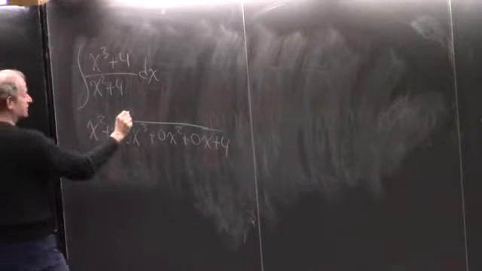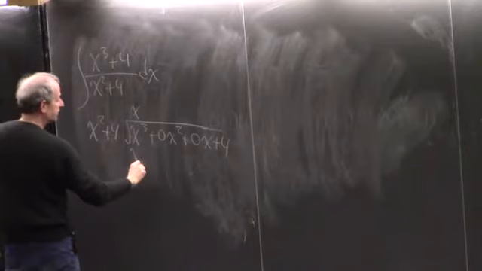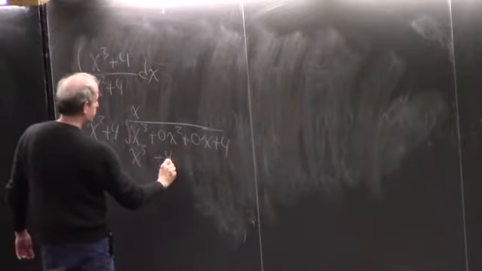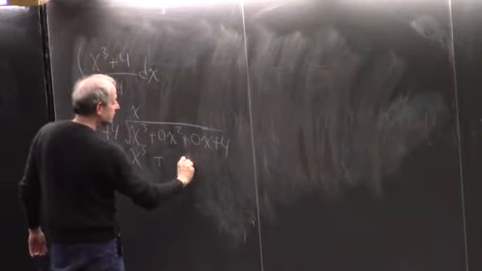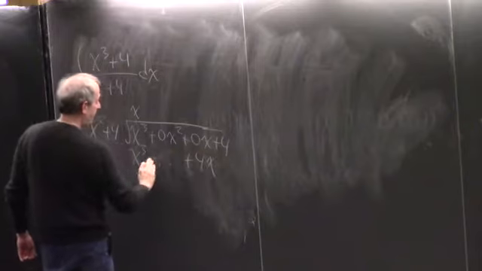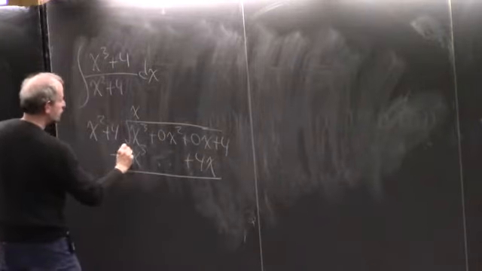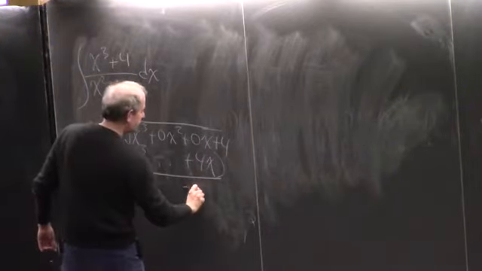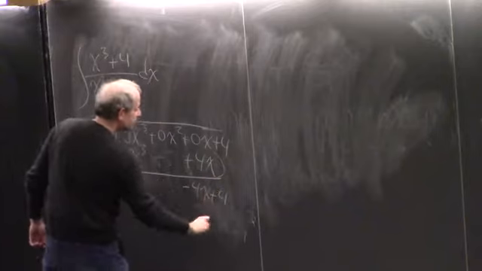So x squared times what gives you x cubed? X squared times x. So this is x cubed plus 4x. And subtract. And you get minus 4x plus 4.